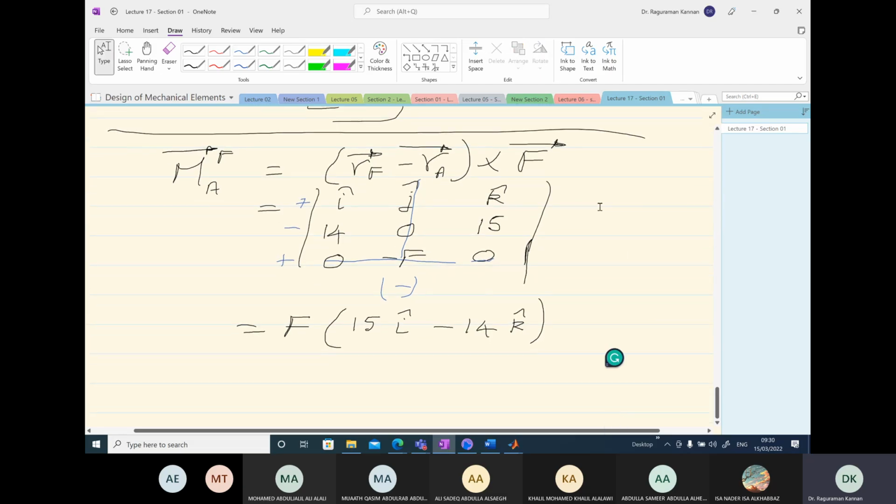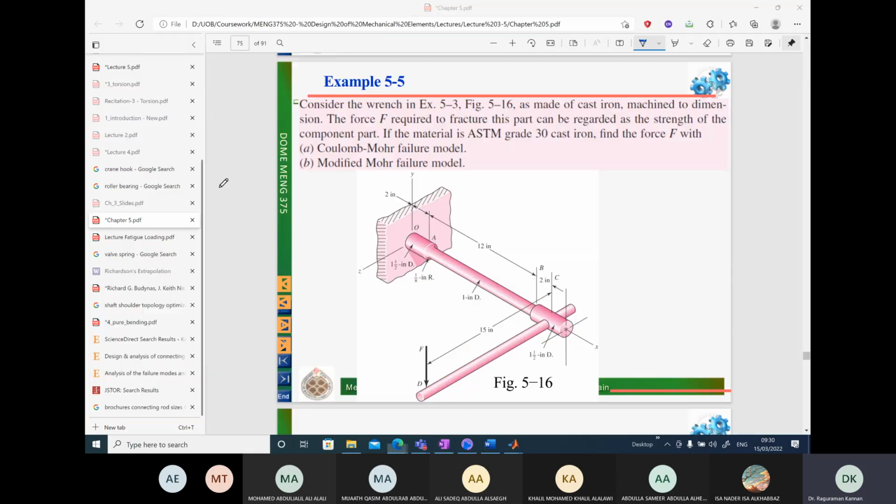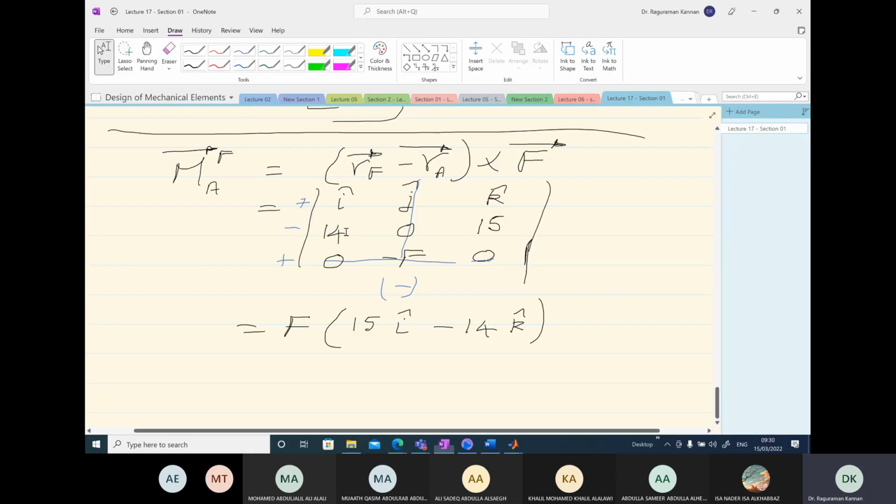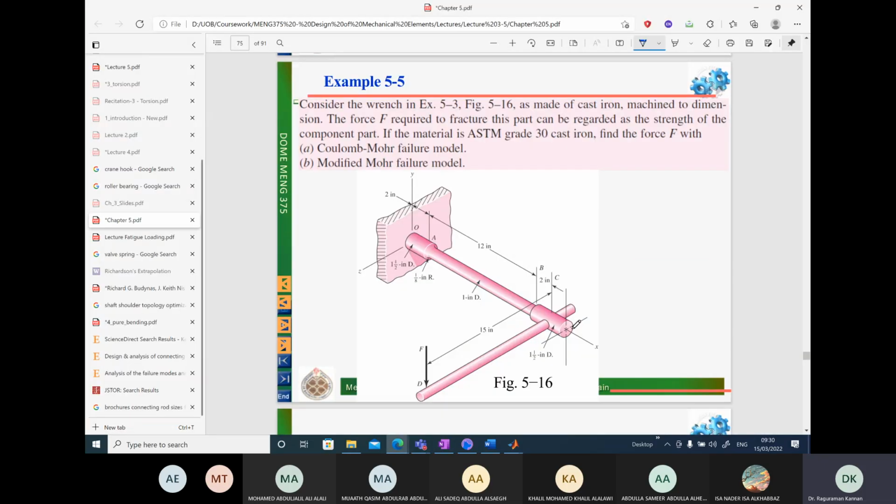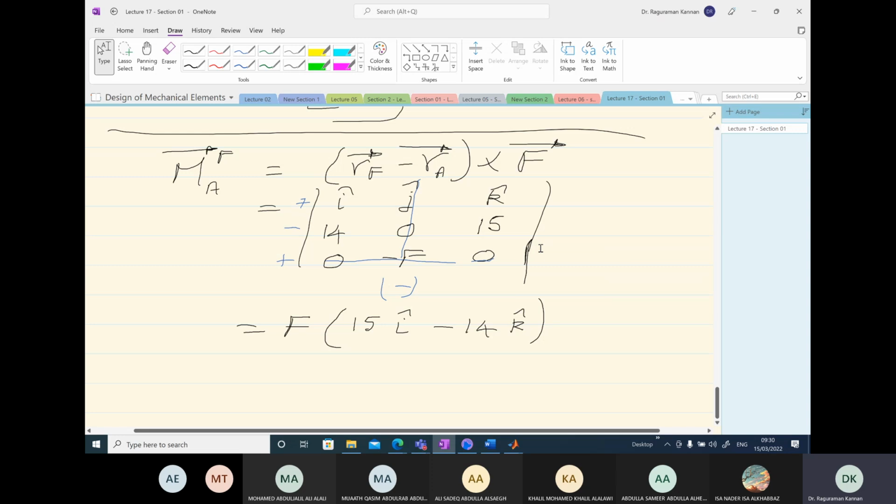Okay, so this is the moment acting at A. These are the moments acting at A due to the force F. So with respect to I, we have 15F, which is with respect to the x-axis, we have a torque. So we can write it in the array format as well: 15F, 0, minus 14F.